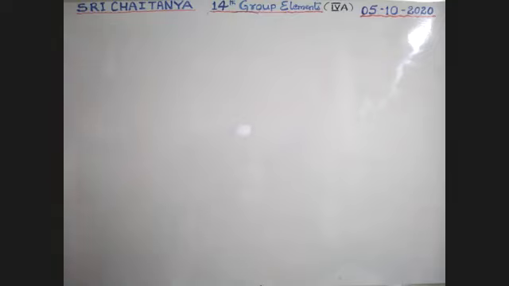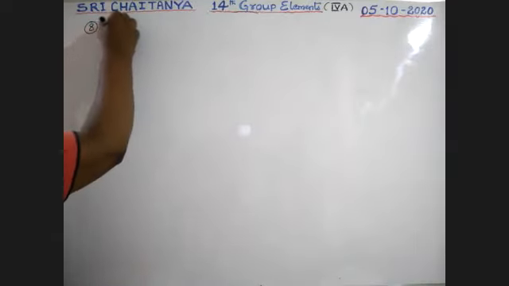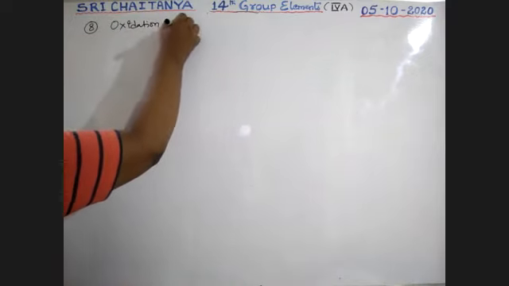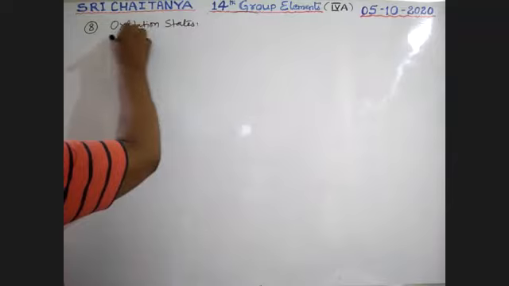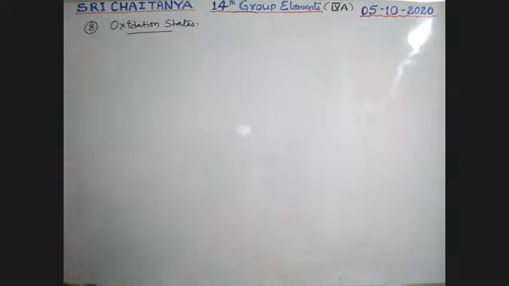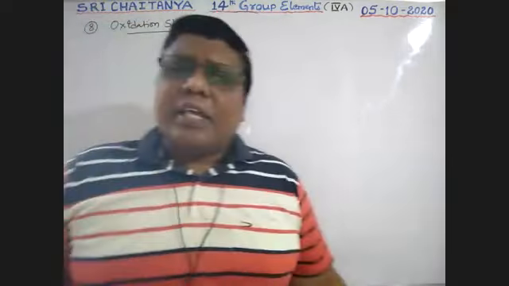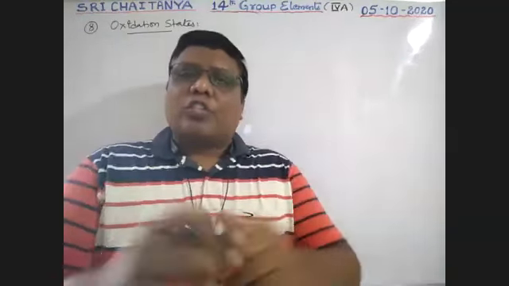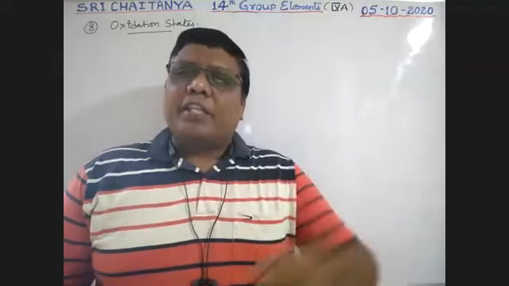See here, oxidation states, that is the eighth property. See boys, what is the outermost electronic configuration of these group elements? ns2 np2.